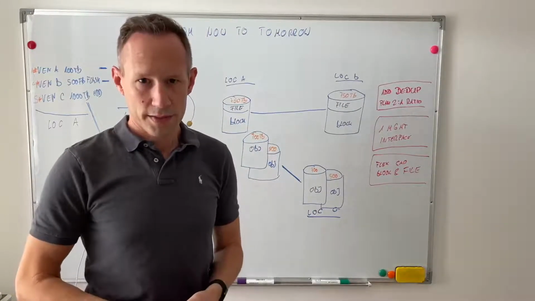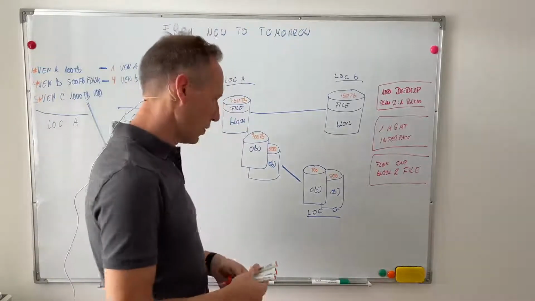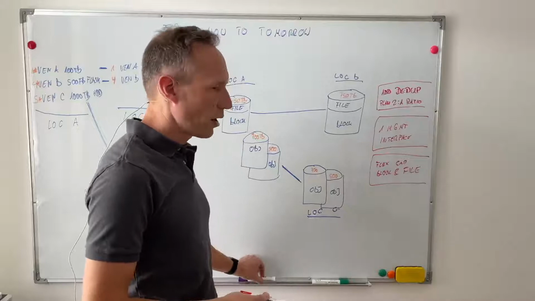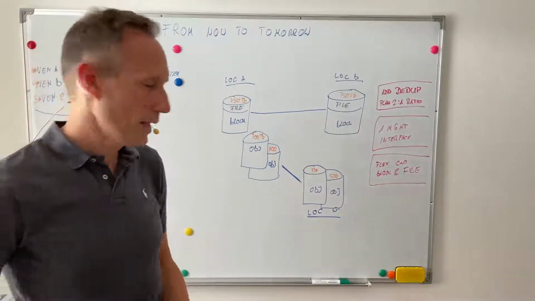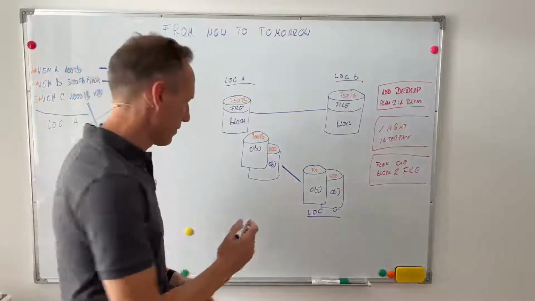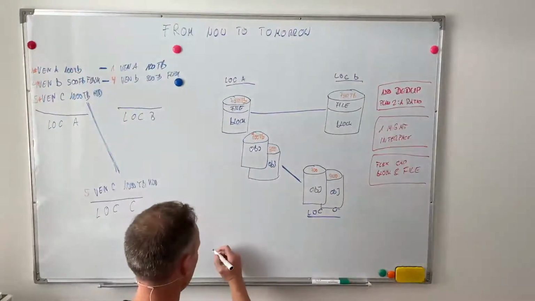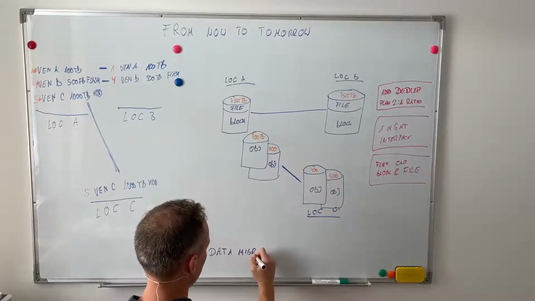What could block us? Why could the customer decide not to move forward? And this is one of the things that you always need to be very aware of. In our case, the customer has 3 major things. The first is data migration.